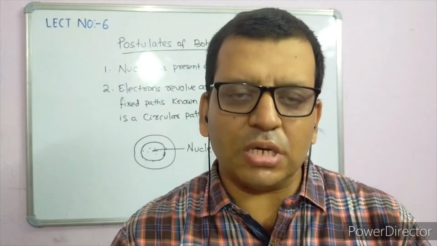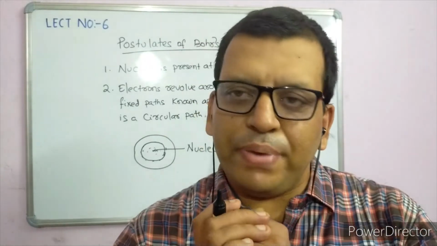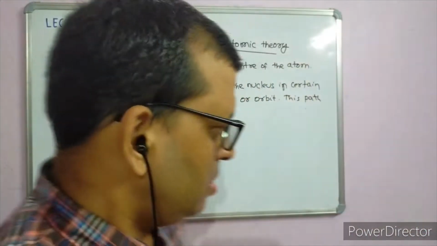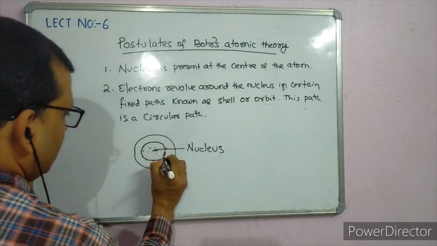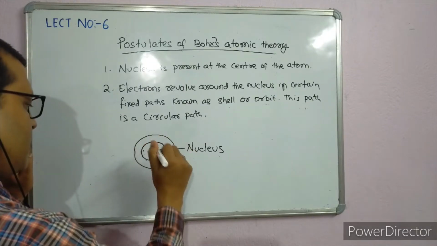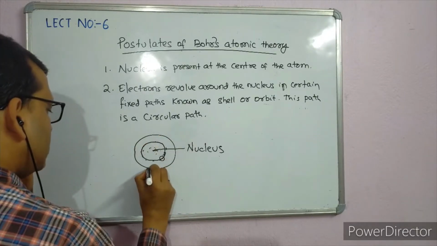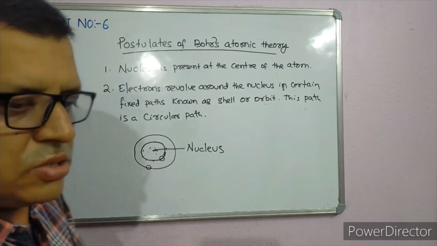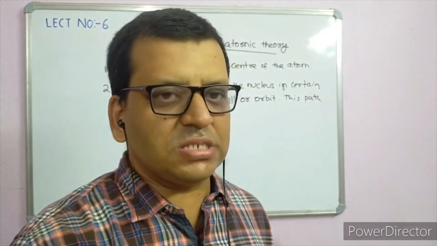They have to follow a circular path, but it is also fixed in nature and cannot be changed. If the electron is moving in this circular path, it will keep moving in this circular path. So this circular path is fixed. It cannot be changed.